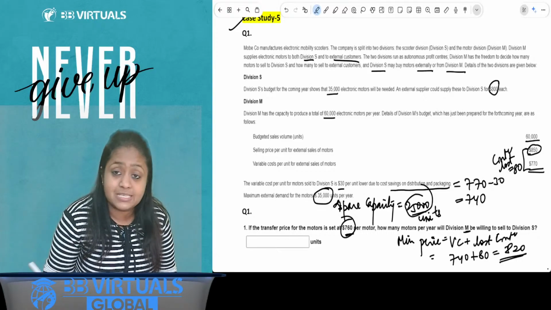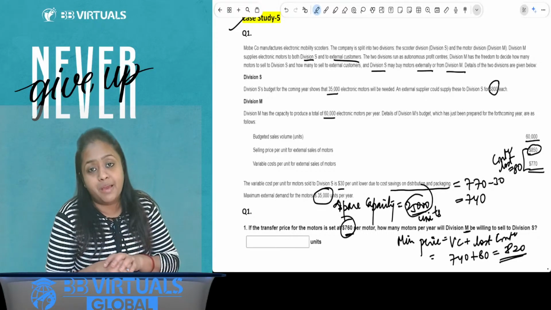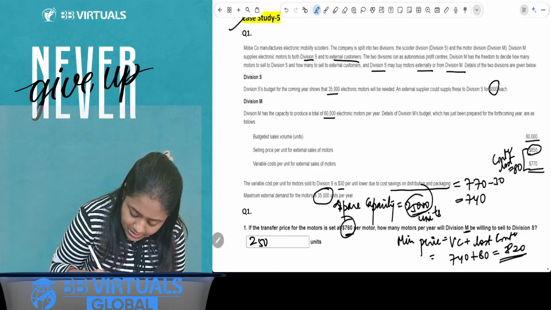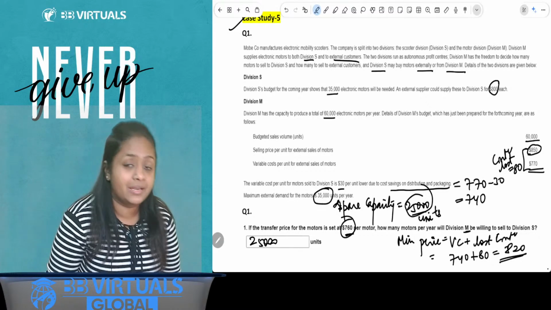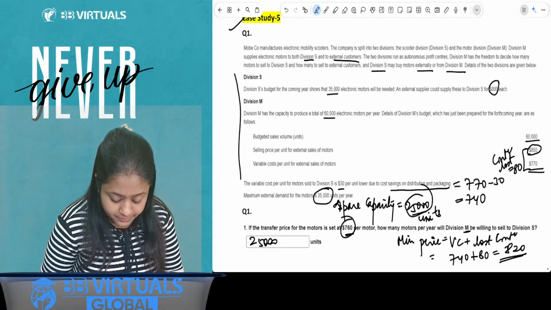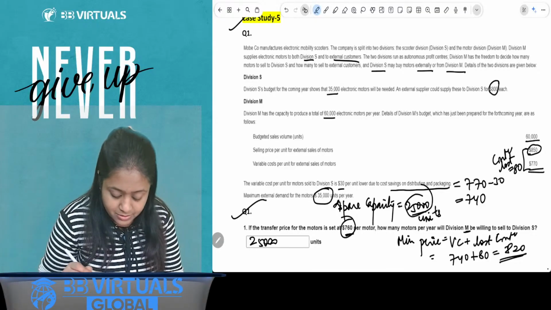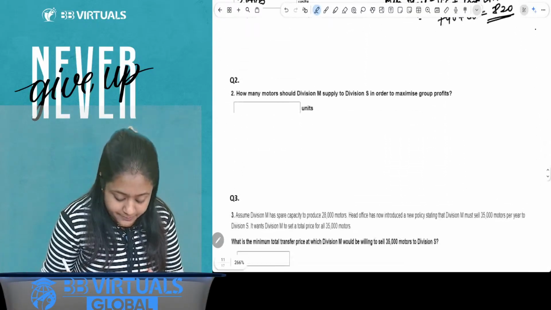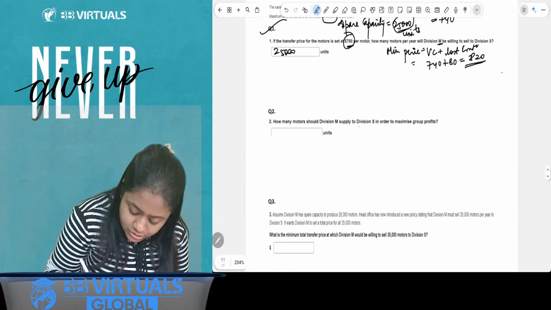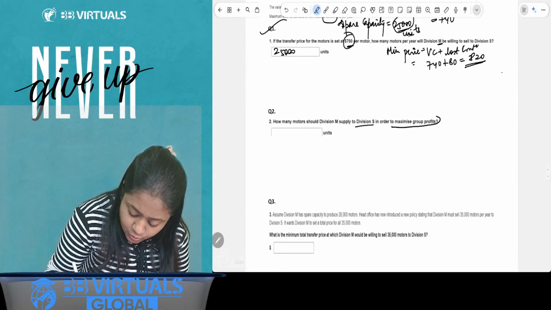That means this price is lower than this. So what they will do at best is just use their spare capacity. They would sell 25,000 units only at this price and not beyond it. Clear? Now let's go to the next one. How many motors should Division M supply to Division S in order to maximize the group profits?